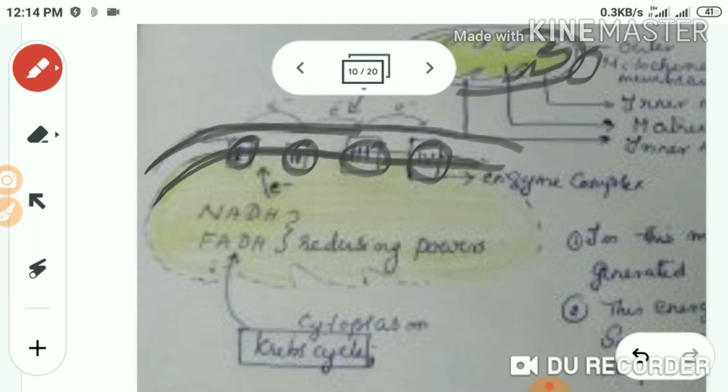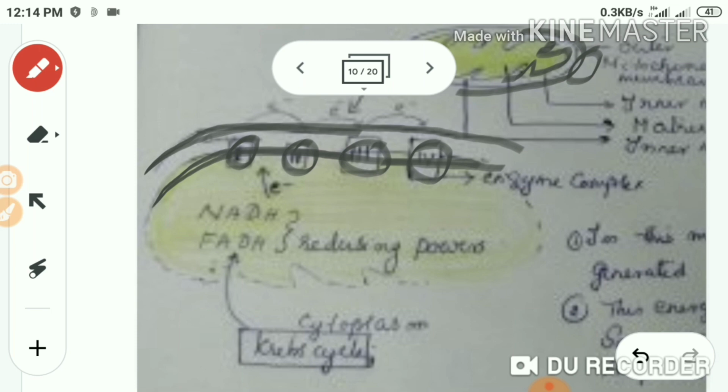The first stage occurs in the cytoplasm, and after that the second stage of the breaking down process takes place within the mitochondria. The process in the cytoplasm is known as glycolysis. When it enters the mitochondria, there it again undergoes breaking down, and that process is known as the Krebs cycle.